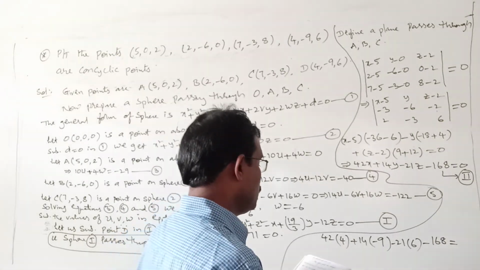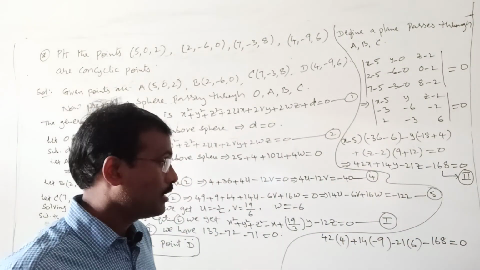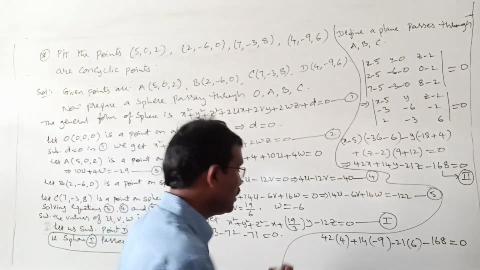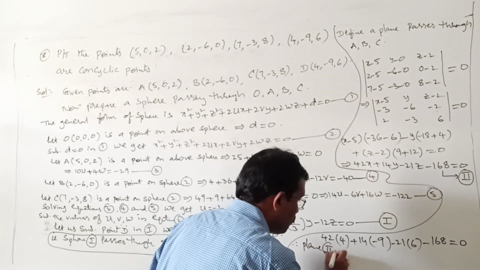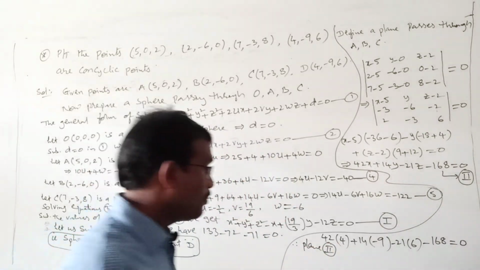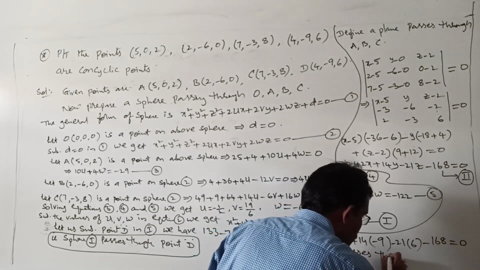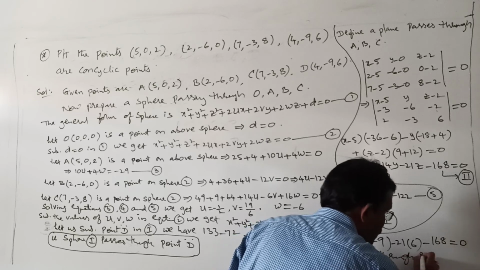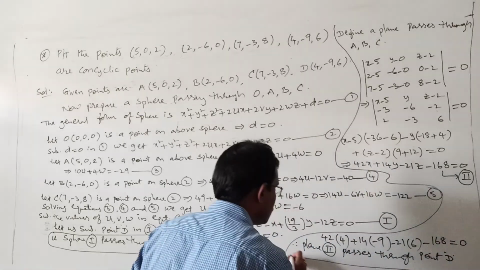It is totally 0. Therefore, plane equation number 2 passes through point D. Yes, keep this also in a box.